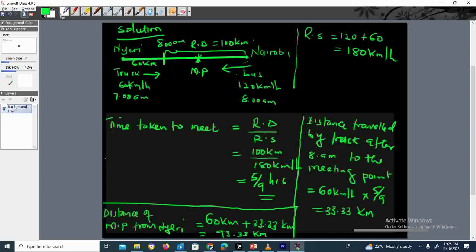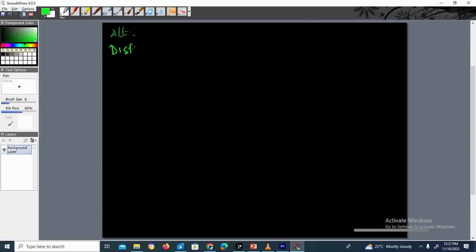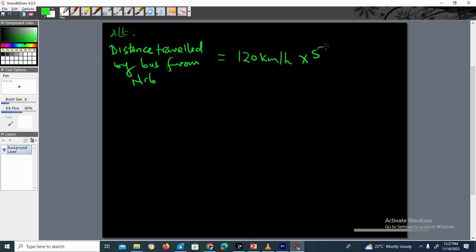There is also an alternative way of solving this same question. Distance traveled by bus from Nairobi. This is going to be given by the speed of the bus, which is 120 kilometers per hour, times the time it took to travel to the meeting point.